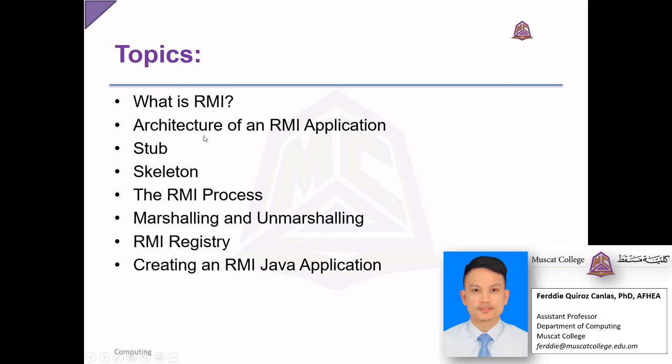When we talk about the RMI architecture, there are some terminologies and concepts you have to be clear of: the stub, the skeleton, the RMI process, marshalling and unmarshalling, the RMI registry, and then creating an RMI Java application. These topics we're going to discuss today, and at the end of the presentation, I hope every one of you will be able to understand what RMI is.